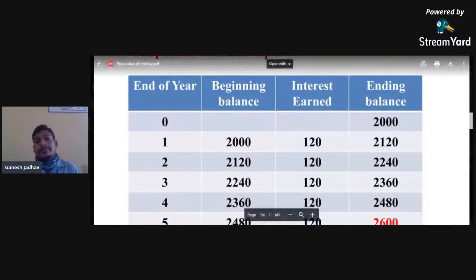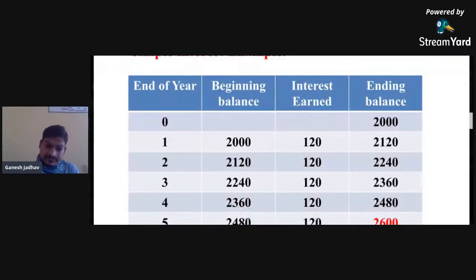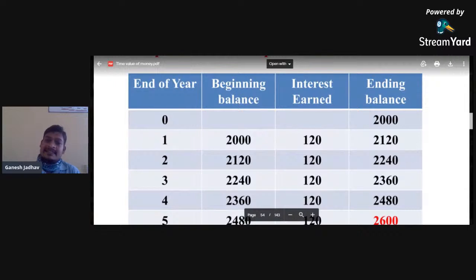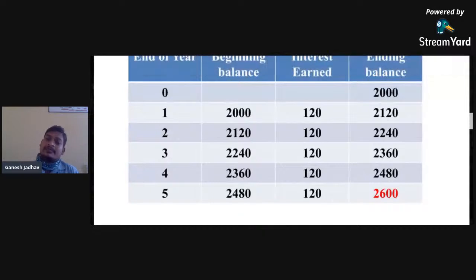Interest is 120, and the ending balance at the end of the second year is 2240. Then at the beginning of the third year, adding 120, the ending balance at the third year is 2360.